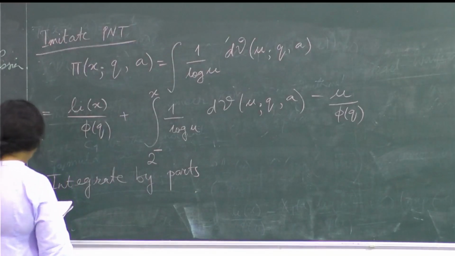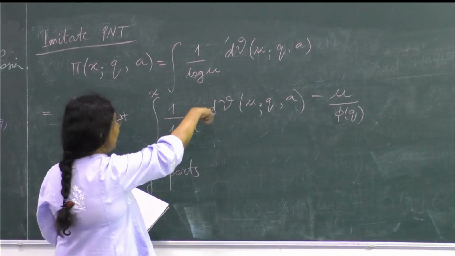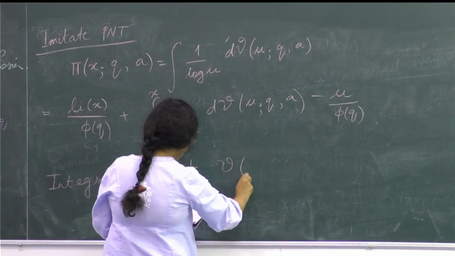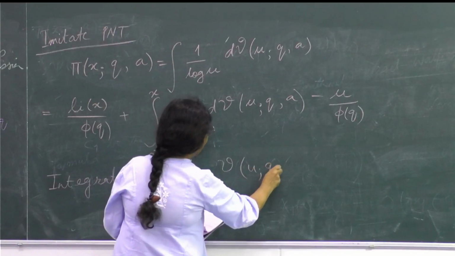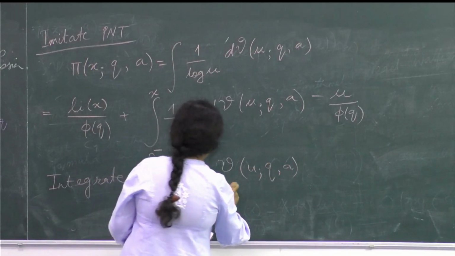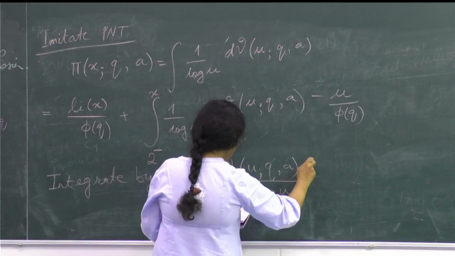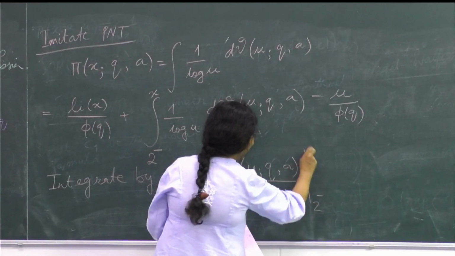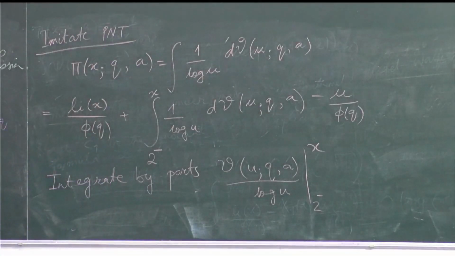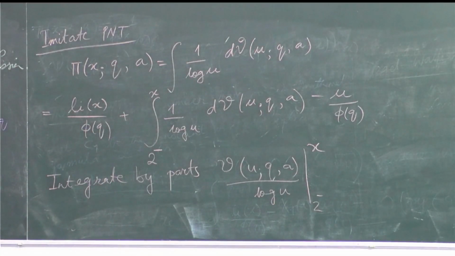If I integrate by parts, then this one, theta of u; q, a upon log u, take it between 2 and x, and you will get back your prime number theorem. Okay? You can finish it, the last line.